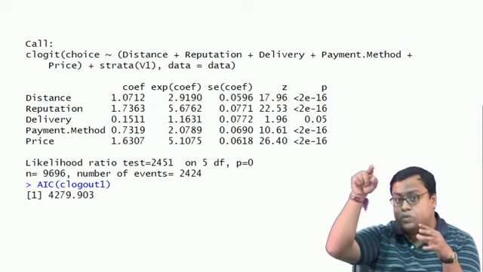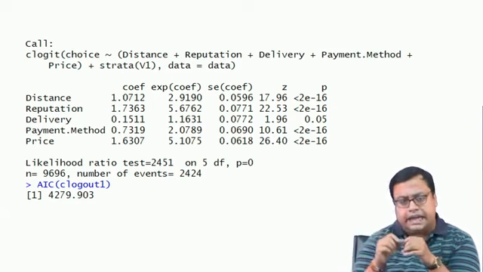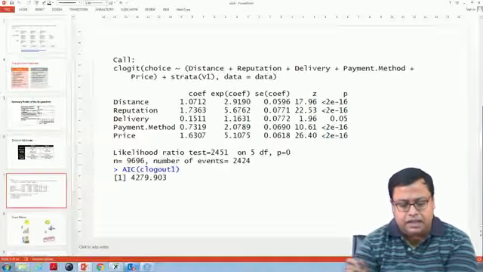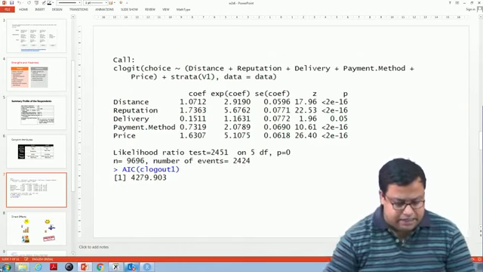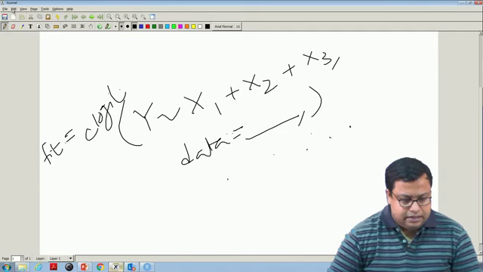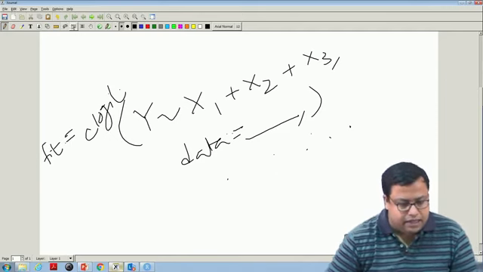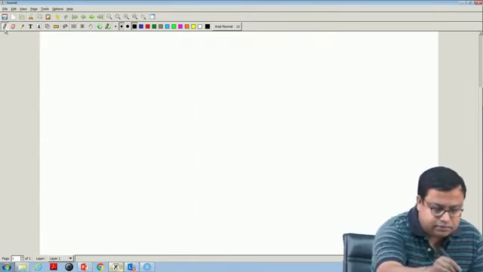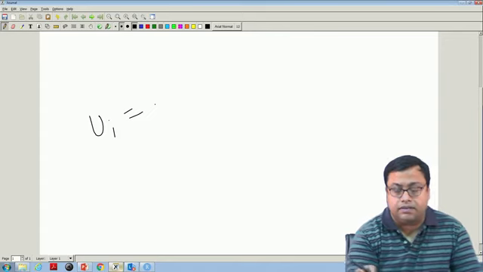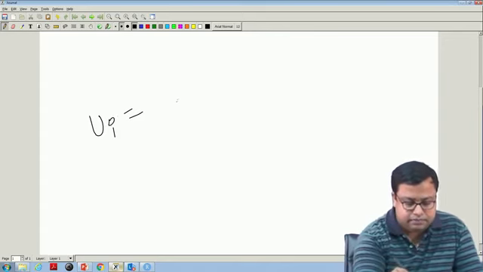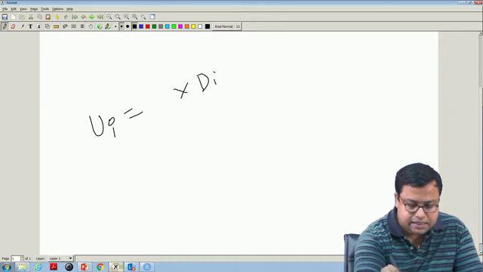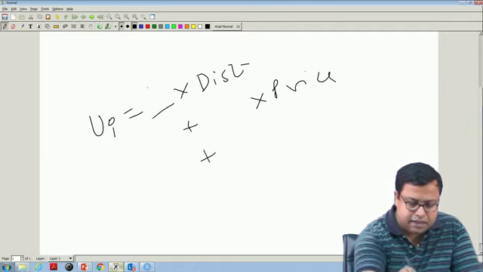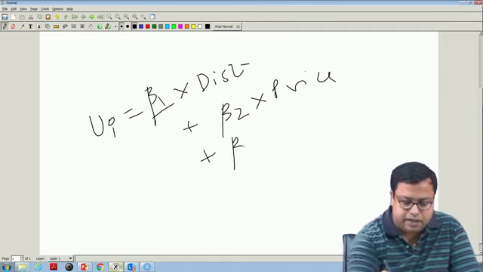So, e to the power Ui, that Ui is actually the summation of beta x. That summation of beta x is what I am talking about here. What is the meaning of this? If that was the formula that I have given there, then Ui is whatever I have written here: something into distance plus something into price plus something, where this something is, let us say, beta 1, beta 2, beta 3 and so on.